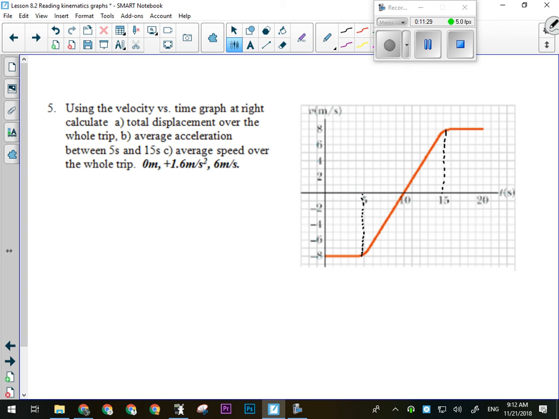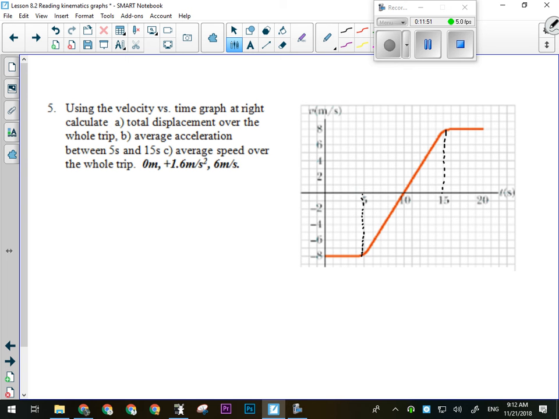So are the positive and negative parts of this graph exactly the same? Right? It spends just as much time in the negatives as it does in the positives, doing exactly the same thing. All right. So just by looking at this graph, I should know the total displacement is what? Is 0, because it's totally reflective of the two parts.